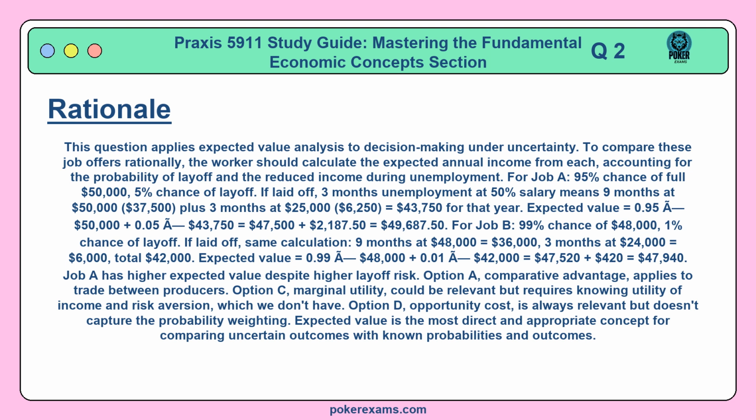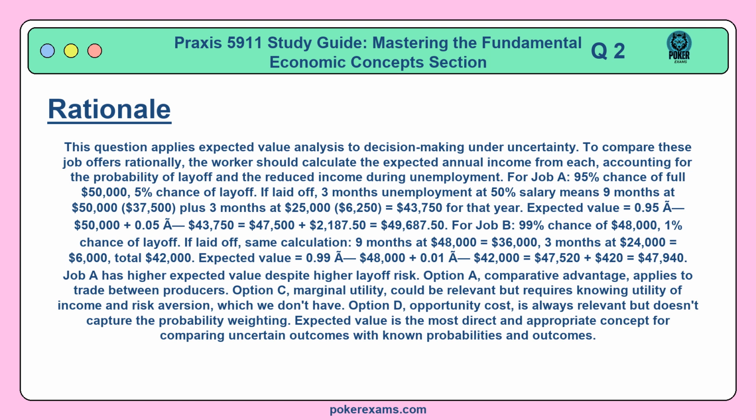Expected value equals 0.95 times $50,000 plus 0.05 times $43,750 equals $47,500 plus $2,187.50 equals $49,687.50. For job B, 99% chance of $48,000, 1% chance of layoff.